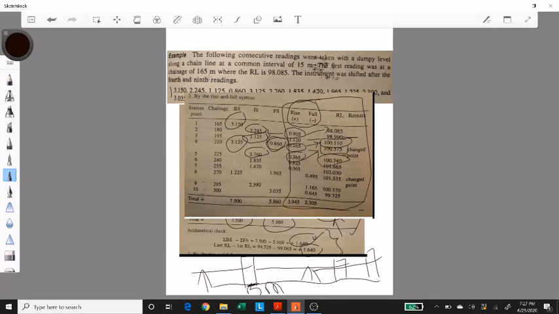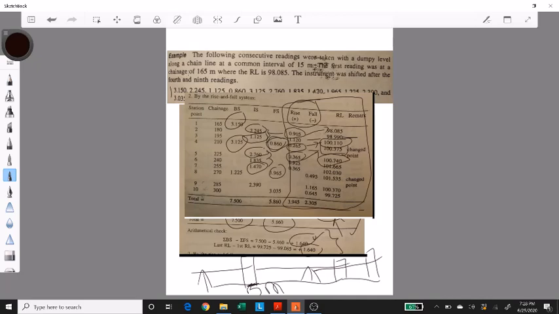Similarly, you move ahead, and the intersight of the first point minus the intersight of the second point, again we have a rise. And then from the intersight, you will subtract the foresight.